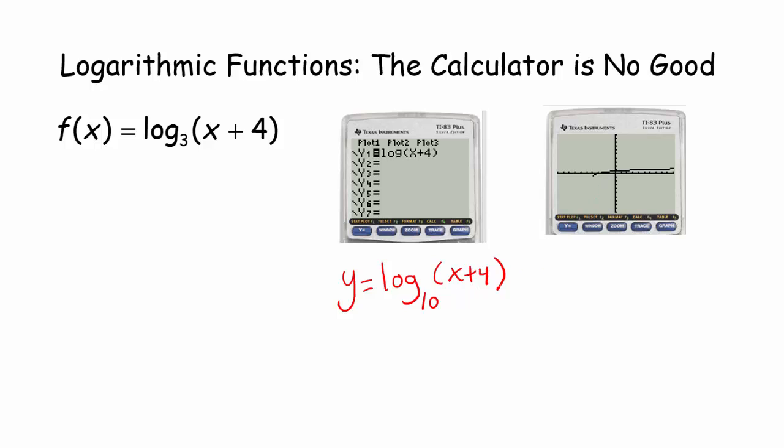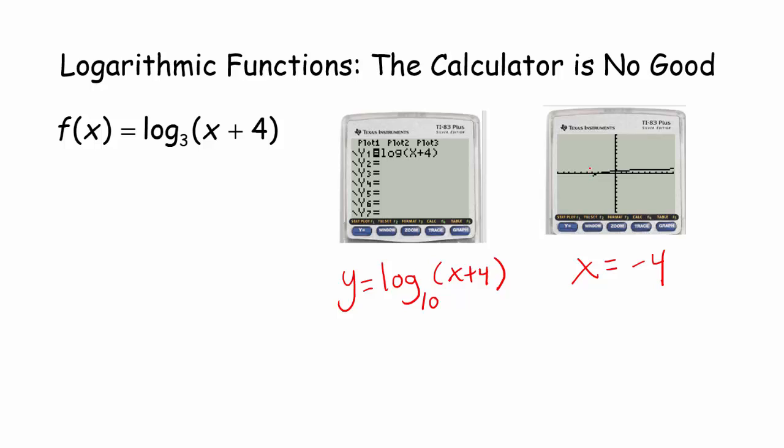Even though these functions are different, the vertical asymptote is in the same position for both of them. So even though this function has slightly different points compared to f of x over here, there still should be a vertical asymptote at x equals -4. But look at this. The calculator just sort of stops the graph there.